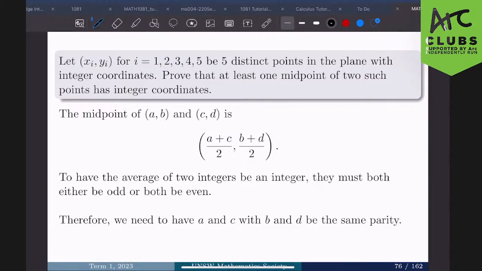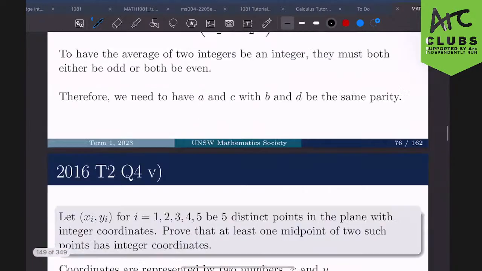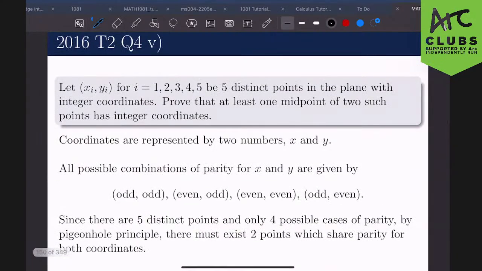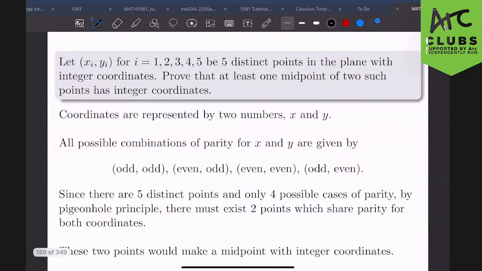And then you just gotta have a little bit of a think about it, and in order for these numbers to be integers, either both the numbers are odd or both the numbers are even. Right? And then we find that there's only 4 cases in terms of odd and even.